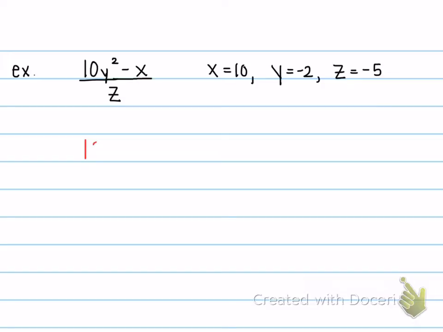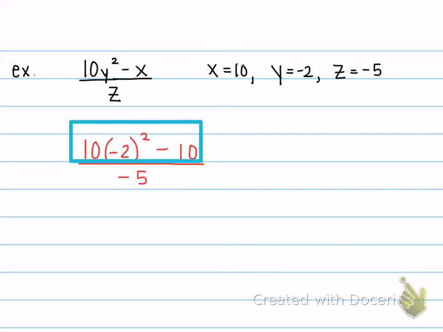I have 10, and when a number is right next to a variable, it means multiplication. So I have 10 times negative 2 squared minus 10 all over negative 5. So I have to solve the top part first before I can divide by negative 5.